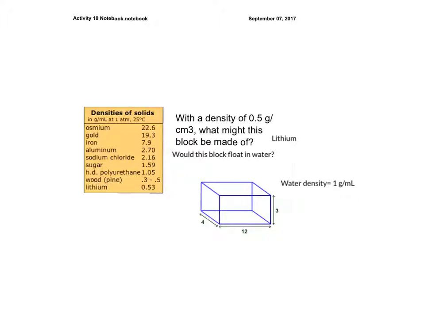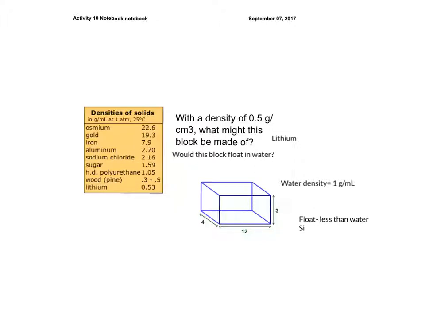If something floats, if you remember, something that would float in water means that it would have to have a density that is less. That means the water's density would have to be more because it would have to keep whatever the object was. So if this block is going to float, it has to be less than the density of water.